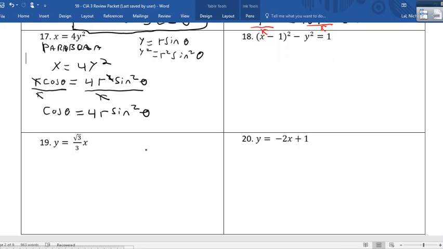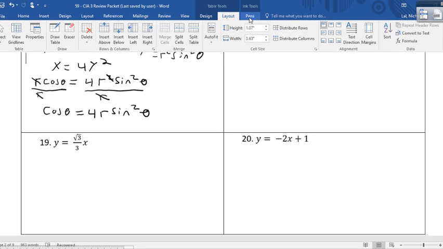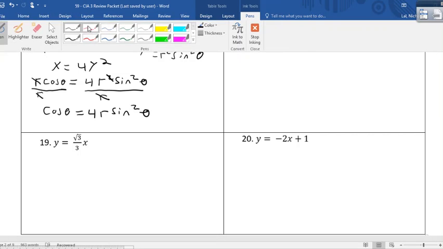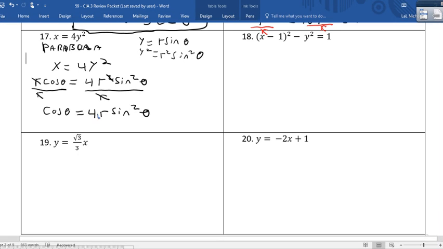The reason why you can do that is because we are trying to isolate r. In polar equations, you are trying to isolate r. So we're going to divide each side by 4 times the sine squared of theta on the right, and divide by 4 times the sine squared of theta on the left. Okay?